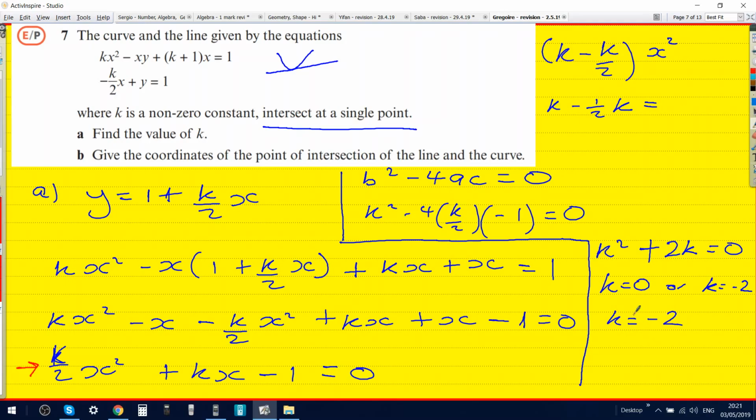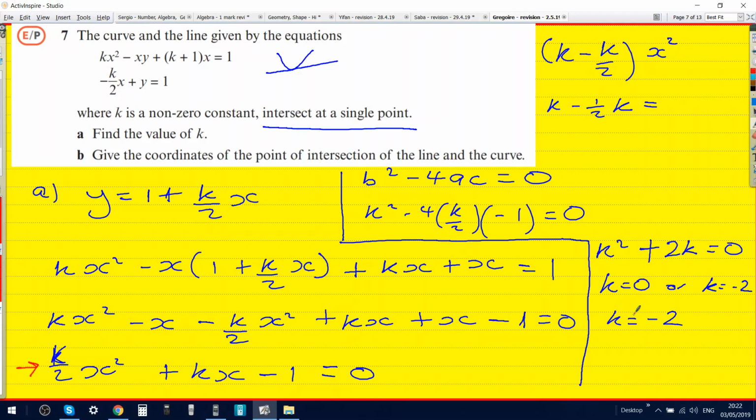B. Give the coordinates of a point of intersection of the line and the curve. Okay, so we have k, so we can implement that into one of the equations. So we can do it to the bottom one. Okay.